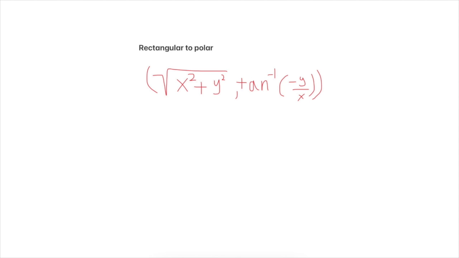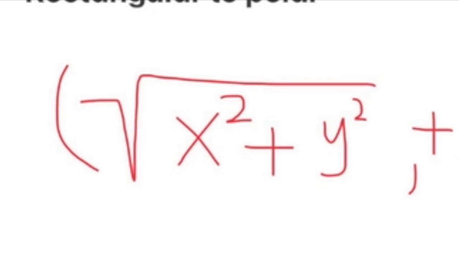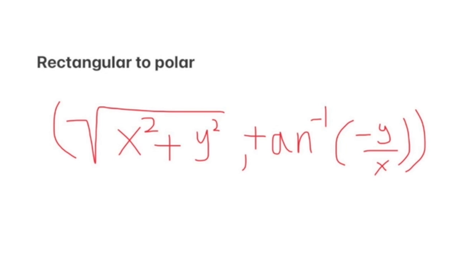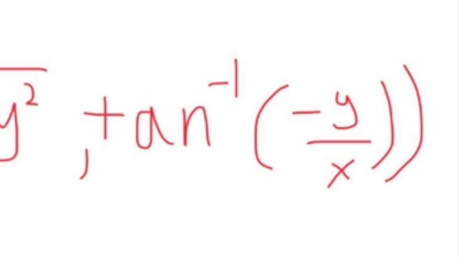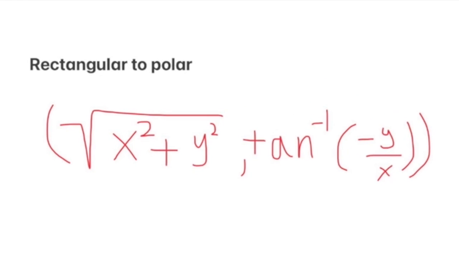To convert from rectangular form to polar form, we use this formula. The r value would be the square root of x squared plus y squared, comma. The theta would be inverse tangent of negative y over x. We plug in the values into this equation to get our polar coordinate.